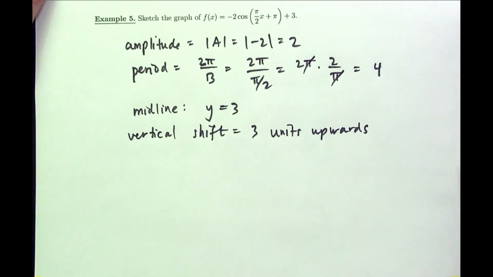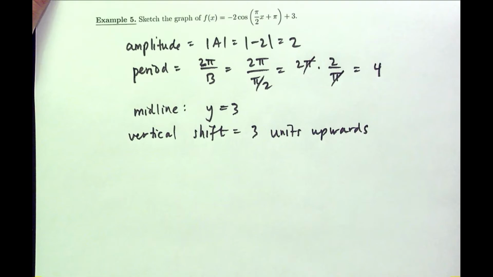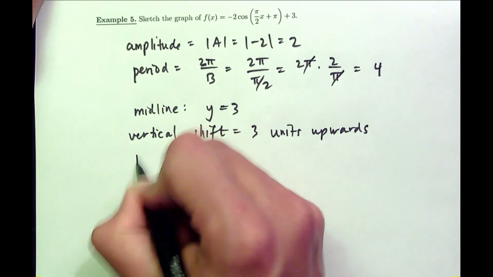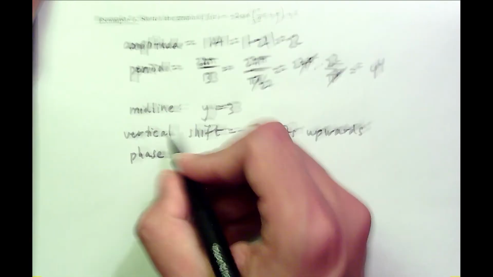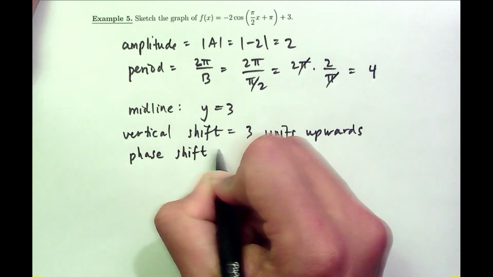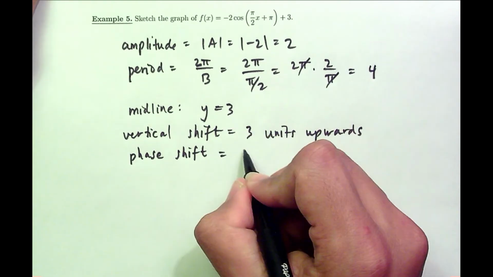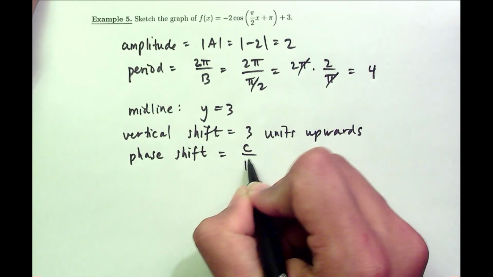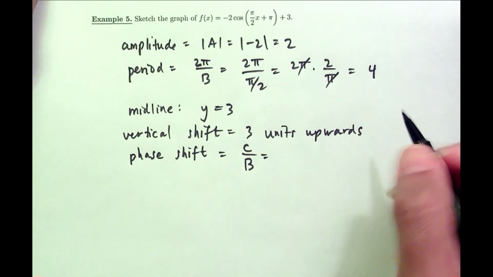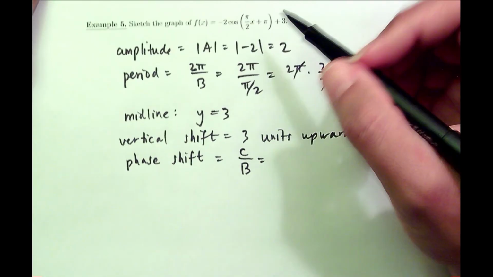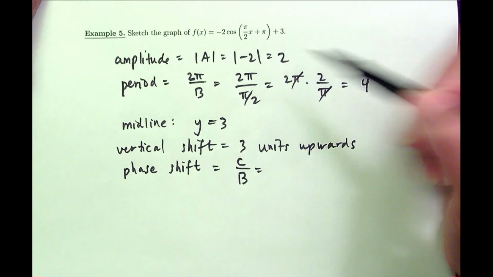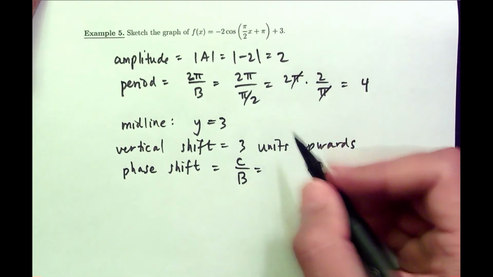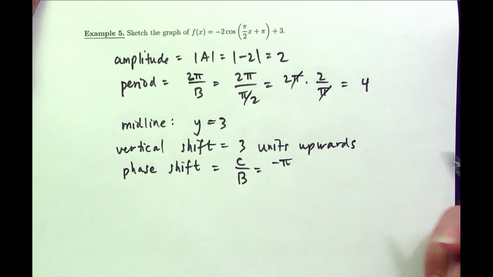And lastly, phase shift. What is the phase shift? Phase shift is C over B. In the C, remember, it is the opposite to what you see here. I see a plus pi, positive pi, so that means I'm going to put negative pi.